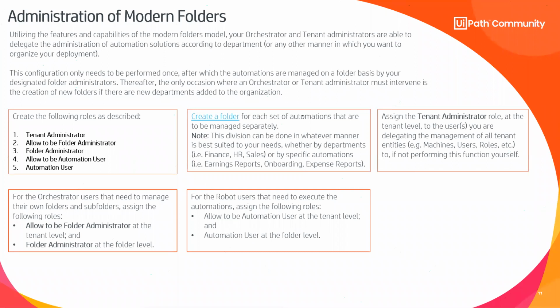This helps. I'll suggest if you're on classic folders, if you switch to modern folders you'll see a lot of benefit as well, because classic folders are legacy in terms of all this environment management, but here it is more about groups. You give access to a group, and as soon as the package is created, you don't need to recreate it. As soon as the process is published, all the users having access get the process.